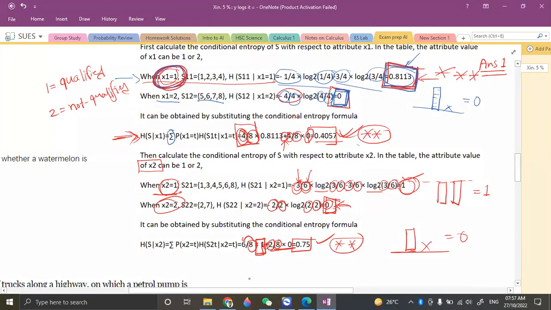Okay, let me just see another solution. I will explain from there. For the first question, we will come back later, but for the second question, I'm going to explain.